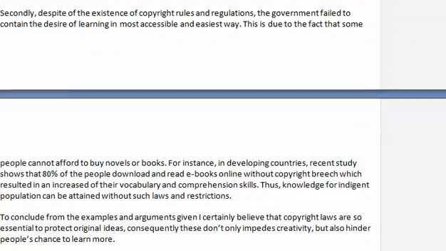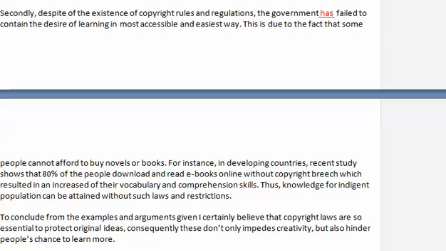Secondly, despite the existence of copyright rules and regulations, the government has failed to contain the desire of learning in most accessible and easiest way. Okay, this is due to the fact that some people cannot afford to buy novels or books. Good.